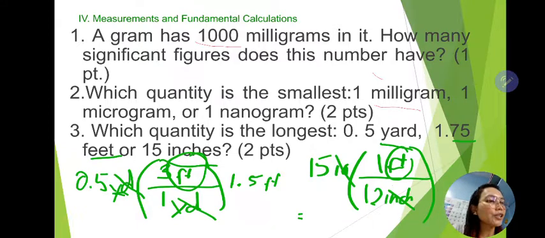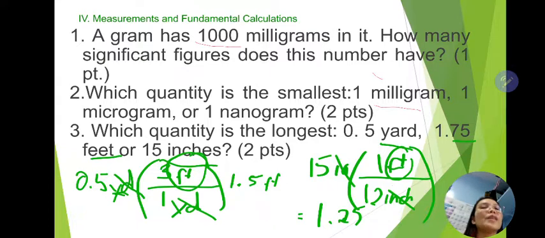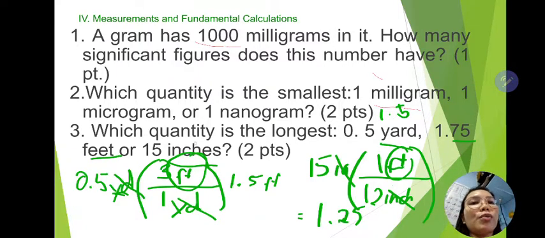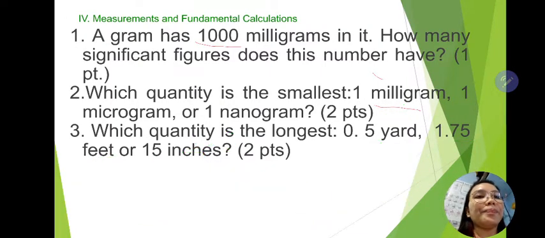And then, from our calculator, 15 divided by 12. So, that would be 1.25. So, from the question, which quantity is the longest? So, we have for 0.5 yard, we have 1.5 feet. Then, 1.75 and 1.25 feet. So, the longest would be 1.75 feet. Okay?